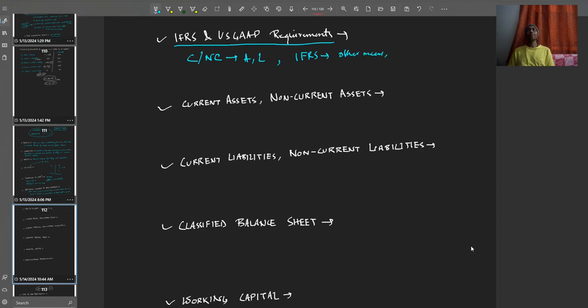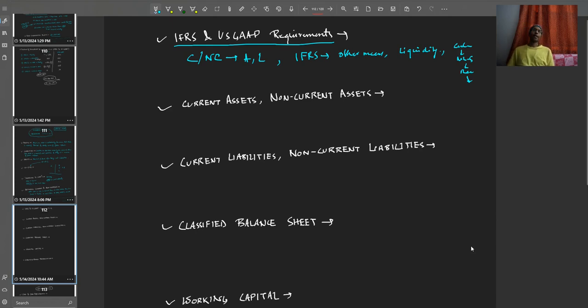One example can be a liquidity based arrangement, where the balance sheet might start with cash, then go into less and less liquid items like marketable securities, then receivables, like that. They arrange it in terms of nearness to cash or distance from cash. That can be one way of representation.